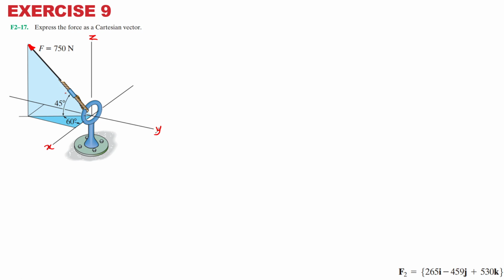In order to solve something like this, you have to create an imaginary axis. For example, this is X. Maybe you want to give it the name X prime, something like that. So 750, you want to bring it down here on the floor, on this plane.